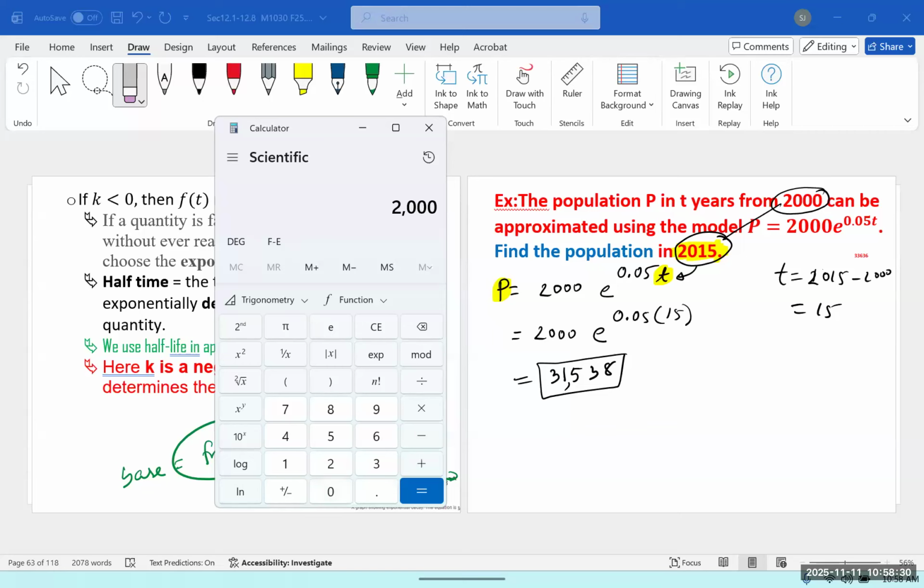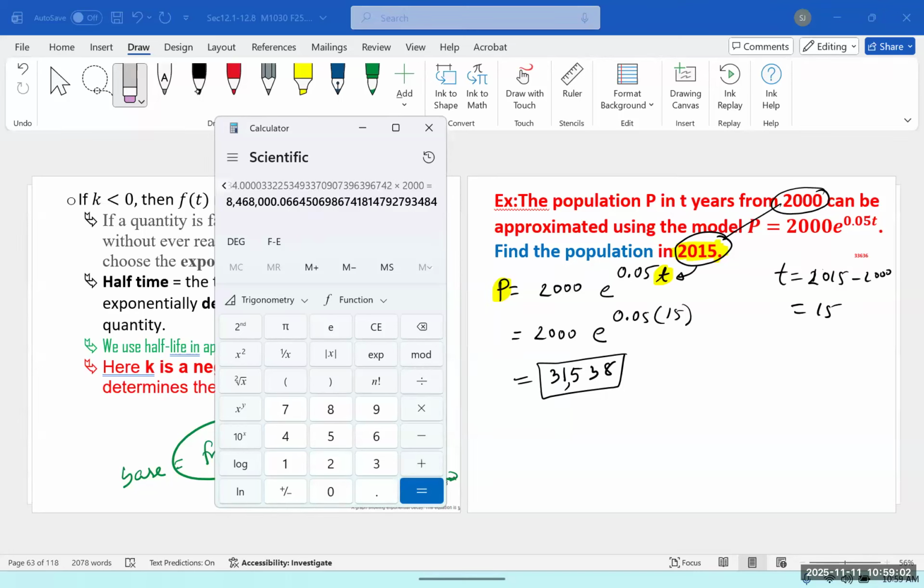2,000 times, this is our e to the power. So click on the power button and then 0.05 times 15, close the parentheses. Okay, this times 2,000.